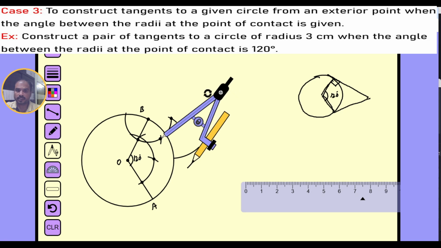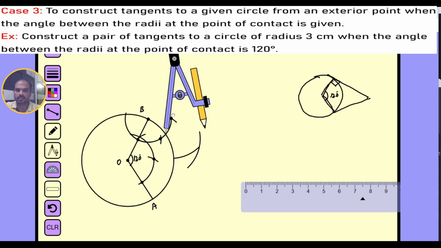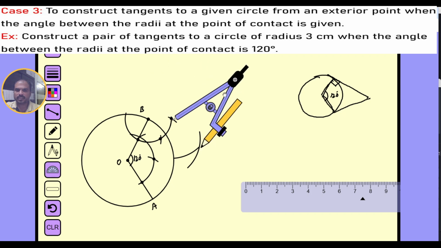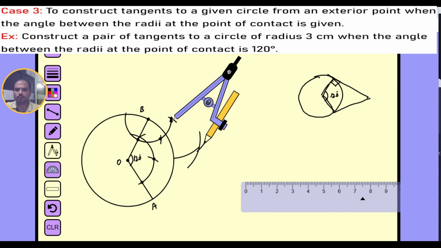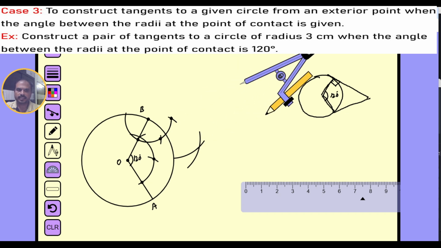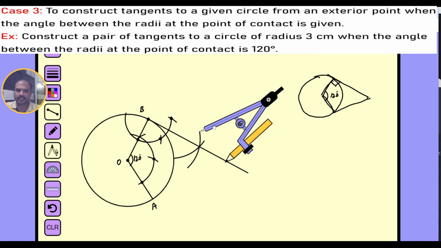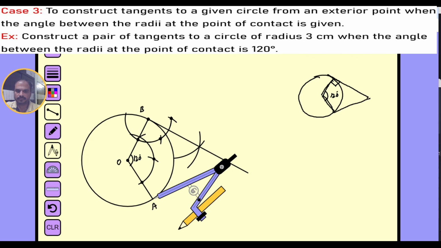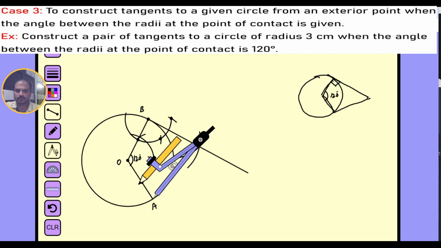All of you learned in your lower classes how to construct 90 degrees, 60 degrees, and how to bisect the angle, so I have not spoken about that. This is how I construct 90 degrees at B. I'll draw one line like this. This is one tangent. Now I will construct 90 degrees at A as well. Clear, children?